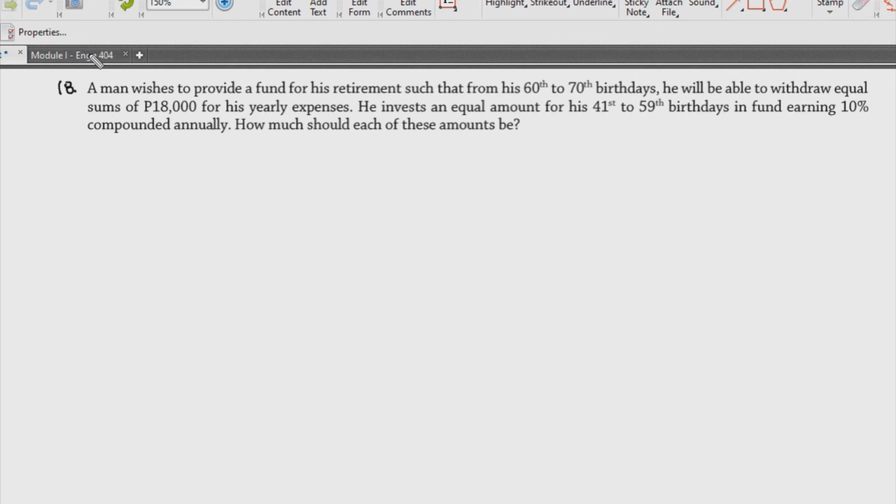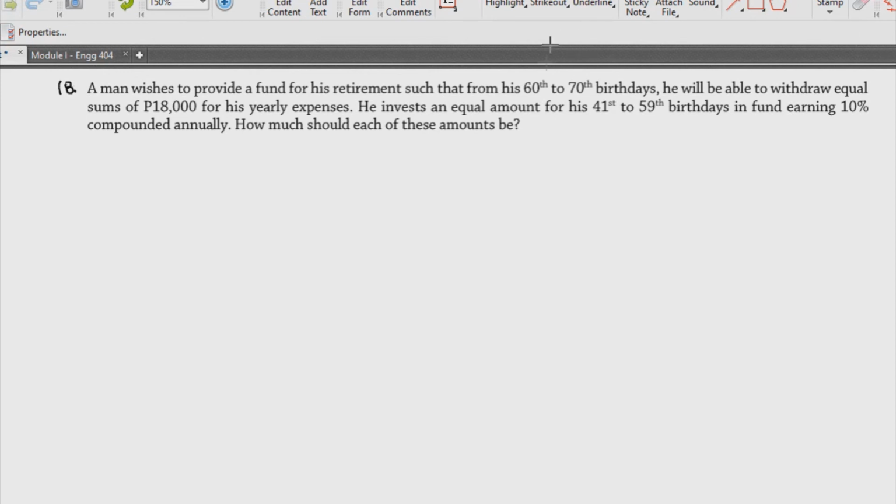Okay, so in short, dun sa ating problem, pag binasa natin, ang gusto niya lang naman is makakuha siya ng certain value that is equal to 18,000, okay, from 60th to 70th birthday niya, no? So, yun 18,000 for his yearly expenses. Anyway, so wala tayong concern doon.